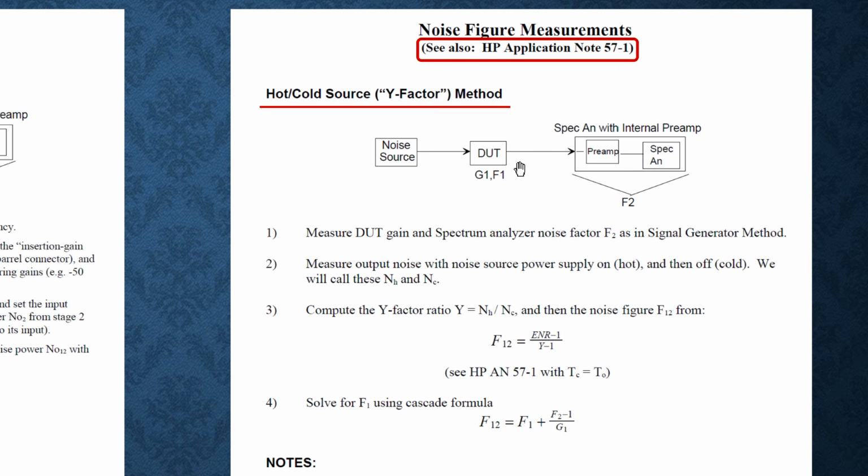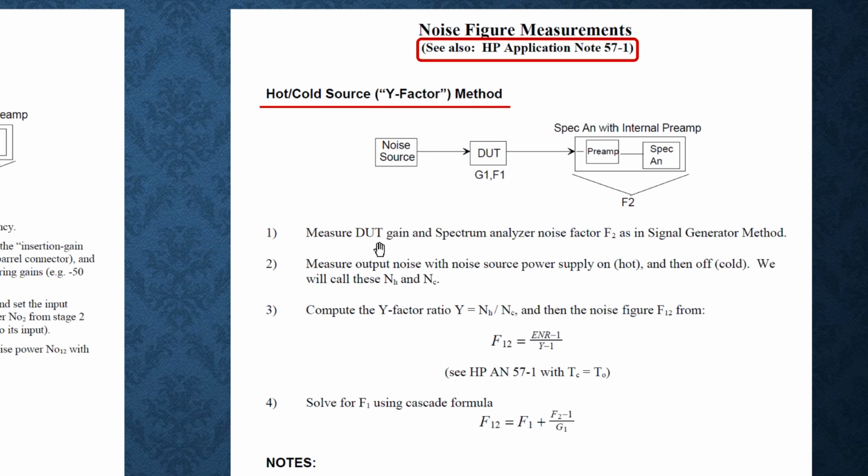Then you have your amplifier, which is your device under test, your DUT, and it's got a gain and a noise factor or noise figure. And then you have your spectrum analyzer, probably with a preamp on, and it has its own noise figure. So these equations allow you to get a good estimate for what F1 is, which is what you're really looking for.